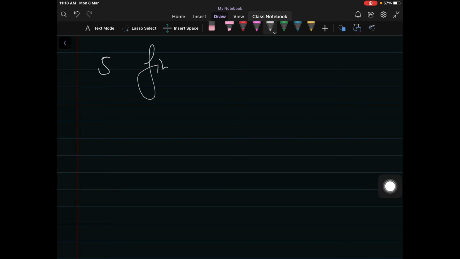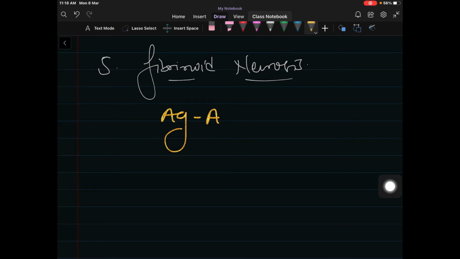That is the fibrinoid necrosis. Generally, fibrinoid necrosis is because of the antigen antibody complex. It is because of the immune complex.